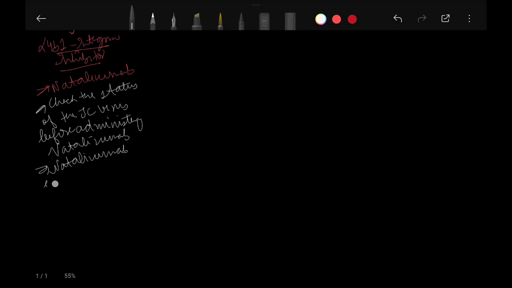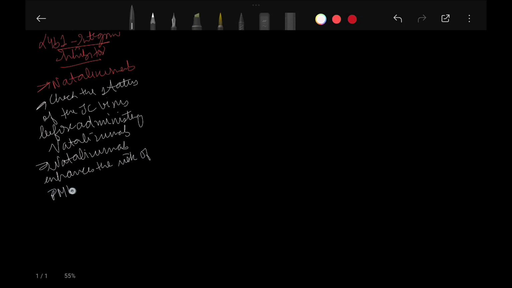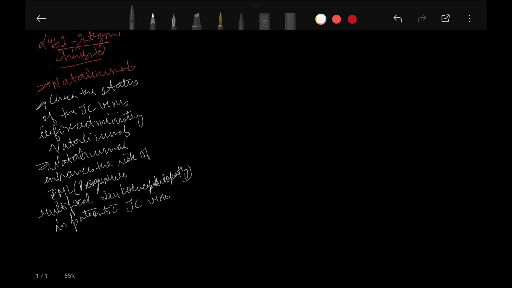Nitalimab enhances the risk of PML, progressive multifocal leukoencephalopathy, in patients with JC virus.